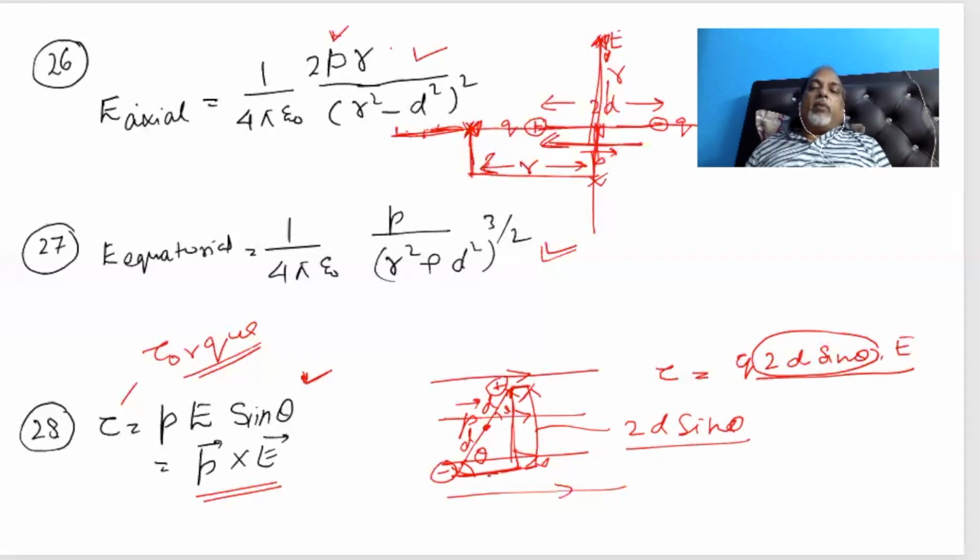And if you take the moment of this, q into 2d sine theta will give you the necessary torque. So this is what rotates your dipole. So for finding out the torque, P cross E or P sine theta or Q 2D sine theta into E will give you the necessary result.